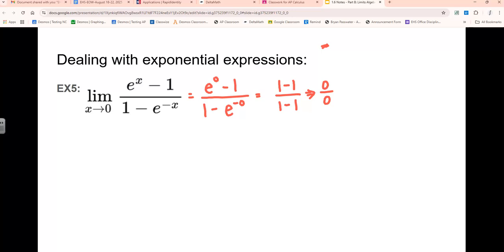So, for this, the trick in doing this problem is the fact that you have a negative exponent here. We got e to the negative x. Does anybody remember what we can do with a negative exponent so it won't be negative anymore?